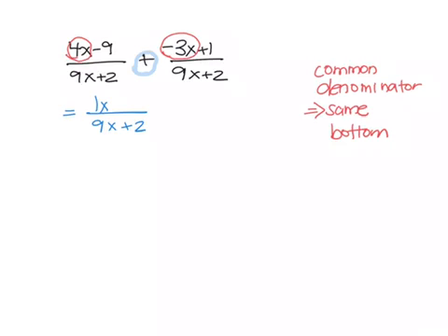Then I have my other terms, which are both constant terms: negative 9 and positive 1. Negative 9 plus 1 gives you negative 8. So x minus 8 over 9x plus 2 would be your solution, or your sum, because we added them together in this question.